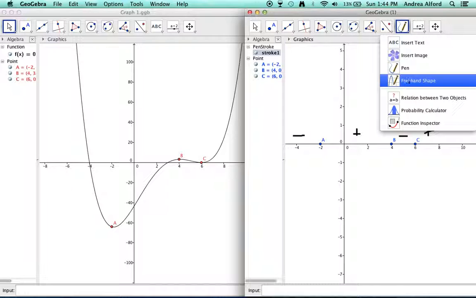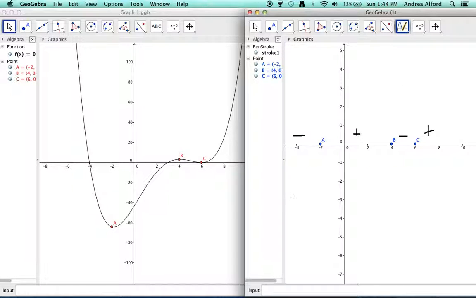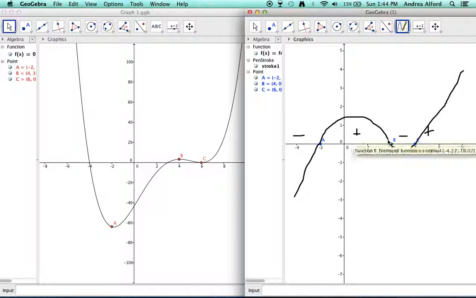So I need negative y values, then positive in here, back to 0, then negative, I don't know how negative, and then positive. So I'm guessing my derivative looks something like that. It's negative, then positive, then negative, and then positive.